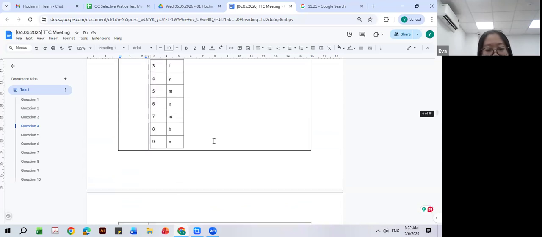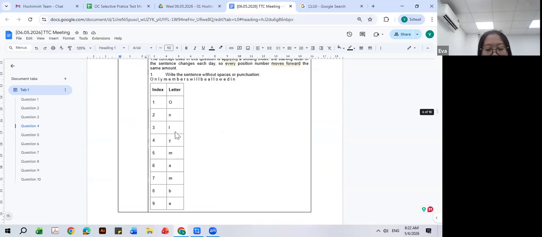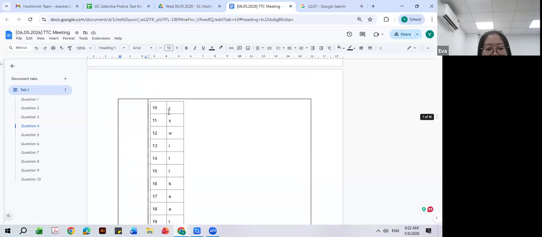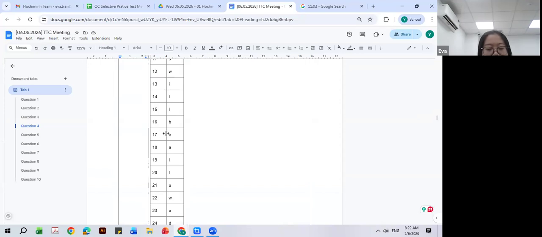We check if it is E for 4, when we count 5, 6, 7, A. A here, not O, so we eliminate E here. And we continue with letter E in the 17th position. If it is 4, we count 5, 6, 7, and A, exactly the letter O. So we choose the letter E in the 17th position.